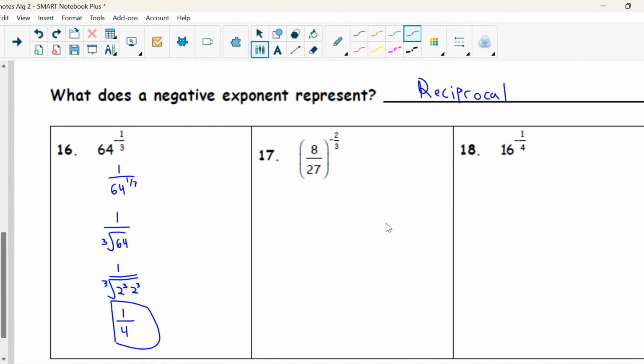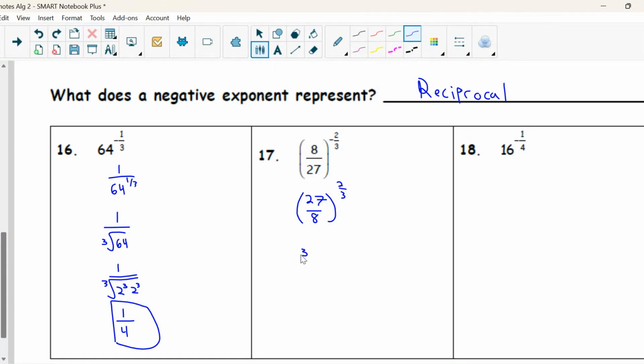Okay, in a more complex example, like 17, when you have a negative exponent outside of your fraction, just flip your entire fraction. So I can make this 27 over 8, all raised to the positive 2/3 power. Okay, 3 is going to be our index, 2 is our exponent.